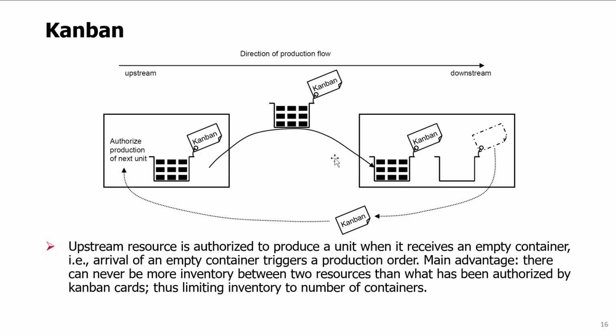There can never be more than 4 boxes of 9 parts. At the same time, it is a way of synchronizing production. If the downstream resource doesn't use many parts of a certain type, the upstream resource has to slow down production, and it will not overproduce because it can only produce when authorized by the Kanban card.